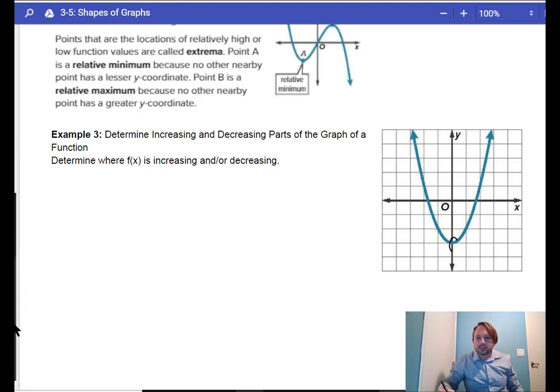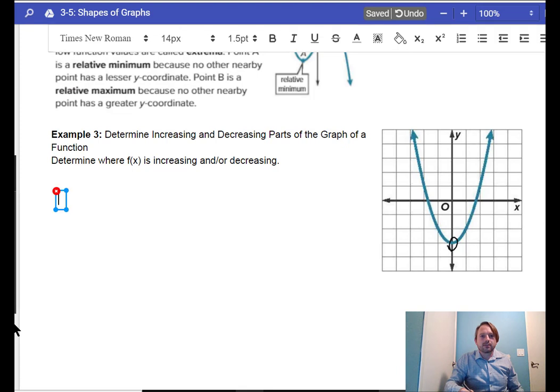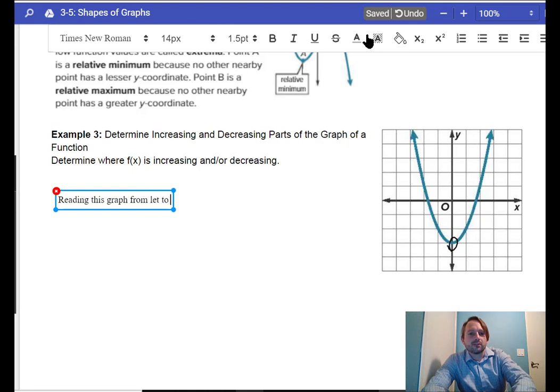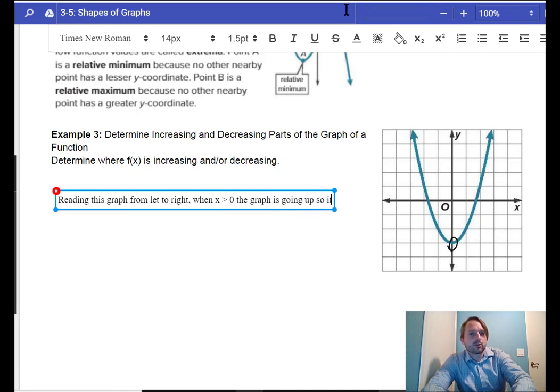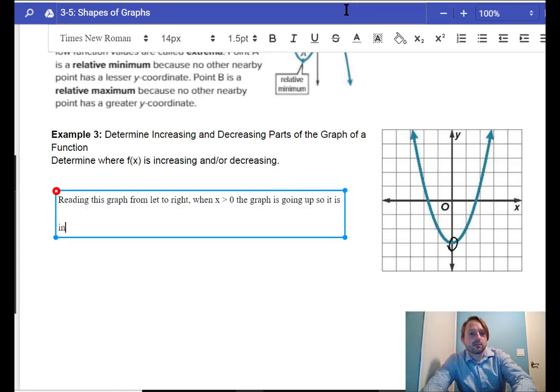Let's say at this point, it starts going up, depending on which way you're looking at it. So reading this graph from left to right, when x is greater than 0, the graph is going up. So it is increasing. Now, if we're reading from left to right, the graph is decreasing when x is less than 0.